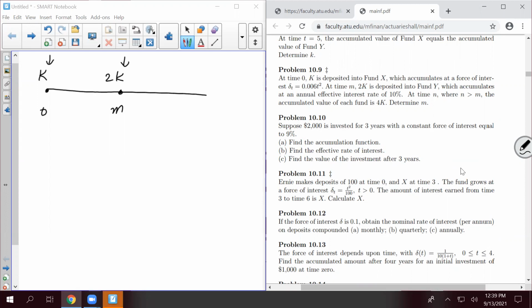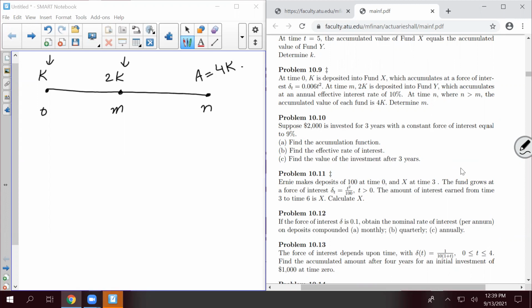And then at time N, the accumulated value is 4K. So you have to find M. Very interesting.